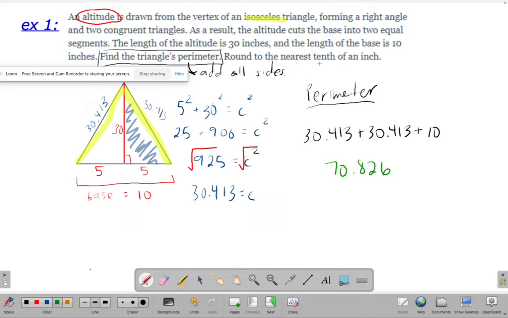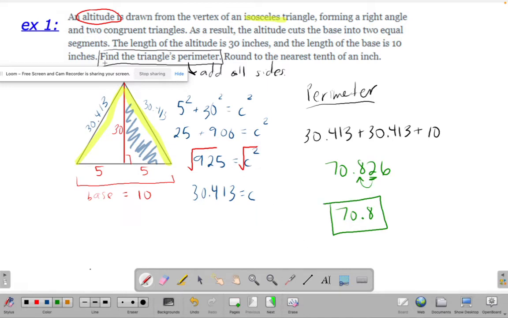Now we are going to round to the nearest tenth. Underline the 2. It does not tell the 8 to go up, so my answer would be 70.8. These problems are really picky with how you round. That's why I'm telling you to write 3 decimal places, use those 3 decimal places, and then round after you've added at the very, very end.